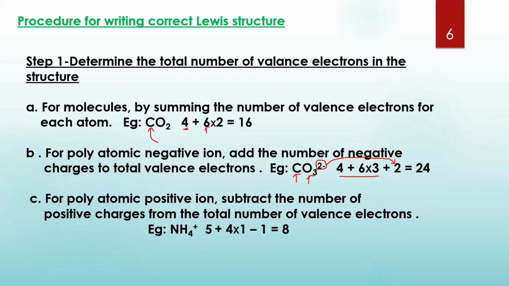For a polyatomic positive ion, subtract the number of positive charges from the total number of valence electrons. Nitrogen has 5, hydrogen has 1, and there are 4 such hydrogens, so you multiply by 4, and to represent the plus, you subtract 1. That is shown here, and you get the total as 8.